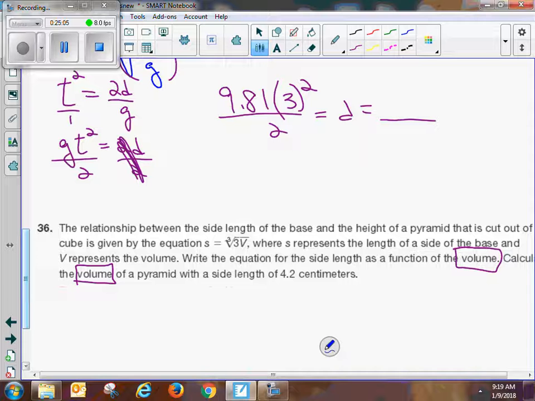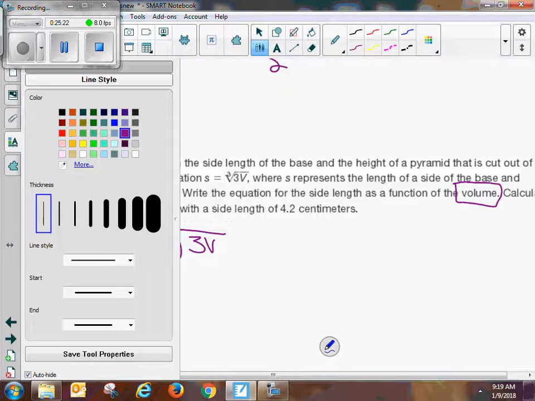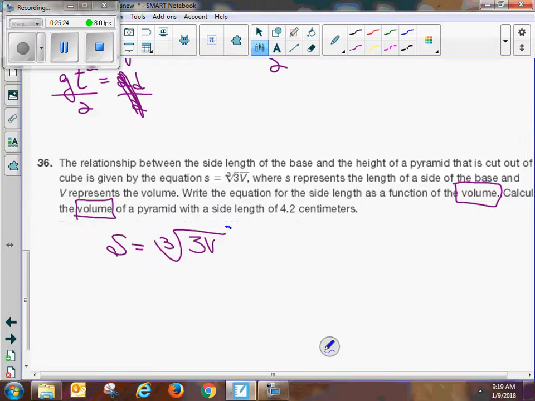Okay? So now, step 1, from S equals cube root of 3V. I want to get this to say V equals. Help me. What would you do first? Cube it. Awesome. So let's do that first. Let's cube both sides. So we'll put a cube here and a cube here.